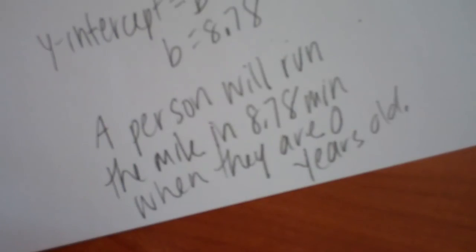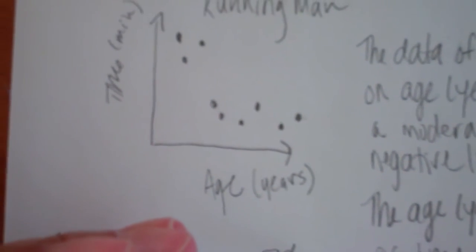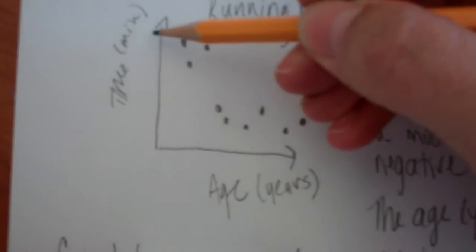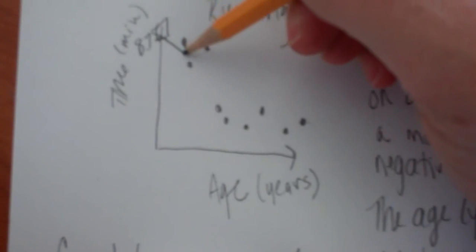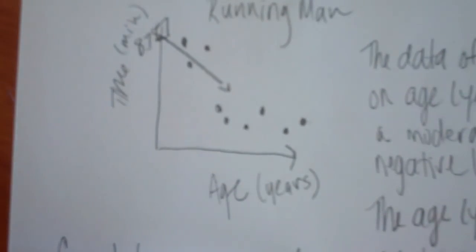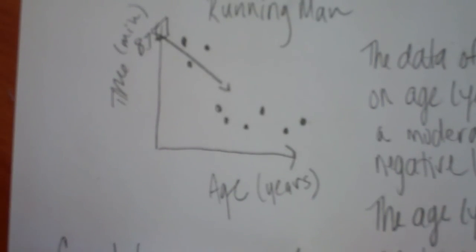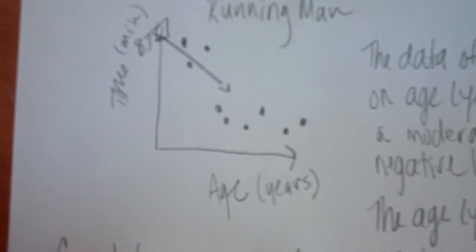What this is really saying is that our regression line, our line of prediction, will intersect the y-axis at 8.78. So our line starts at 8.78 and then continues to decrease. That's its starting point on the y-axis. Even though it doesn't make sense in terms of real life, it tells us that that's where our line will be intersecting our y-axis.